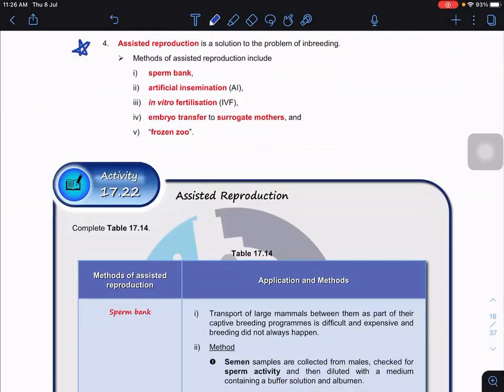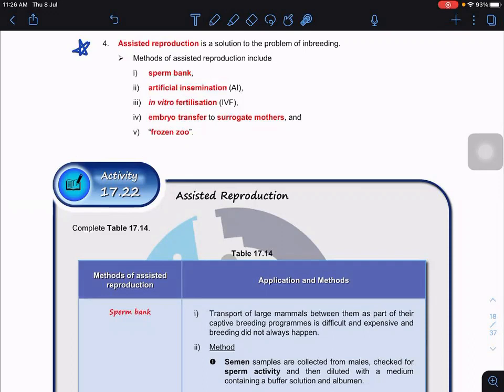Assisted reproduction basically means how we can help. We can help through sperm bank, artificial insemination, in vitro fertilization, embryo transfer to surrogate mother, and also frozen zoo. So what are these basically?